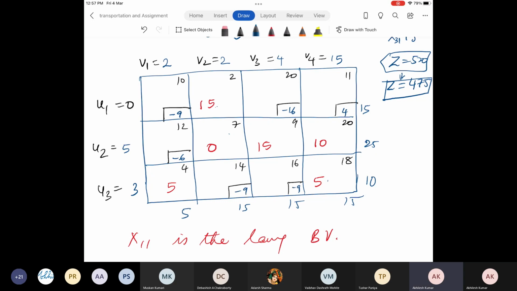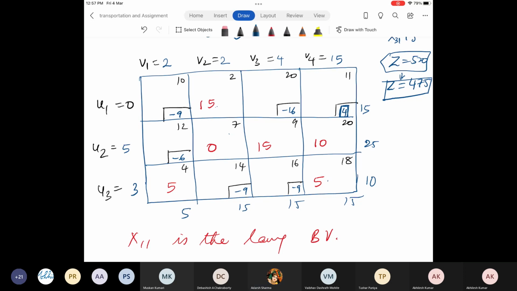Are we at optimality, guys? Yes. How do you decide optimality? Coefficients of all non-basic variables should be negative. Is it true? Have all the coefficients become negative? No. Is this a negative number?